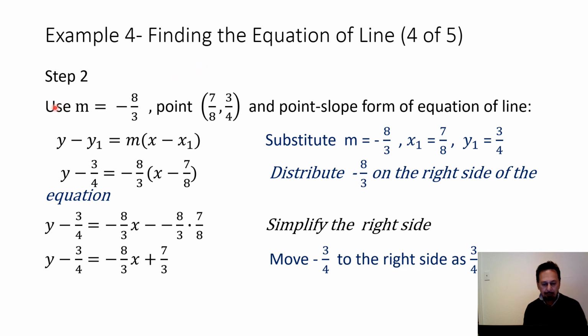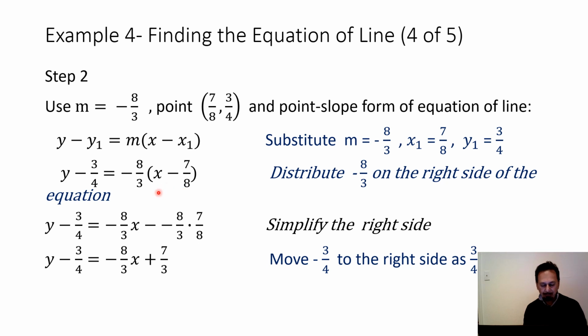Okay, we already found the slope, and it's -8/3. Now we can use the first point, 7/8 and 3/4, and write the point slope form of the equation of the line, which is y minus y1 equals m times x minus x1. Let's substitute m is -8/3, x1 is 7/8, and y1 is 3/4, and just copy y and x.